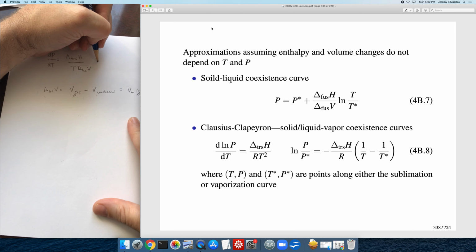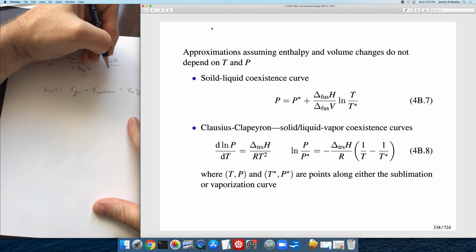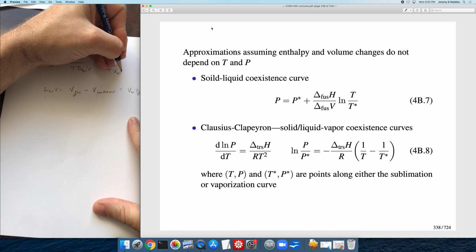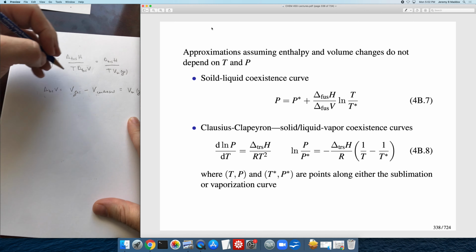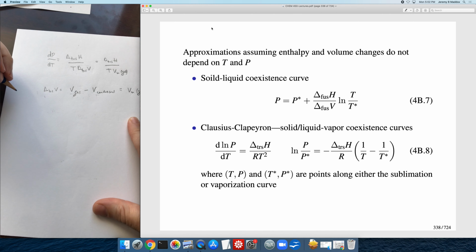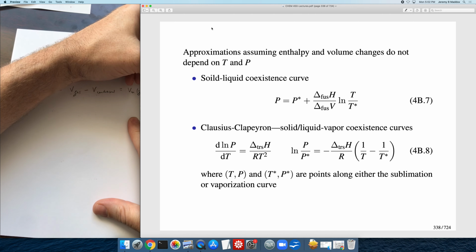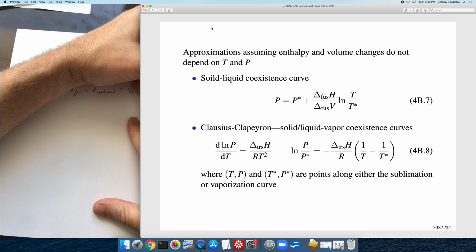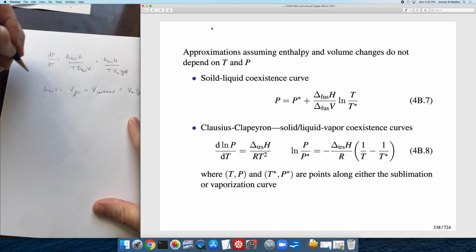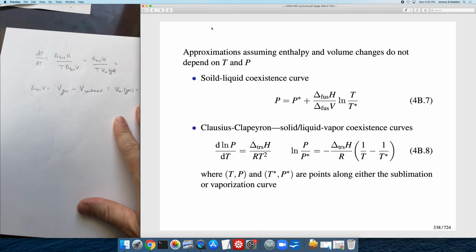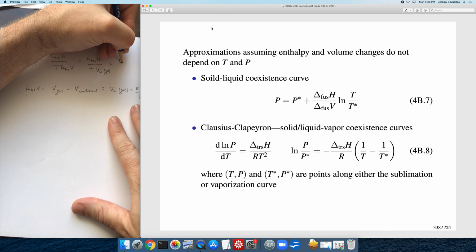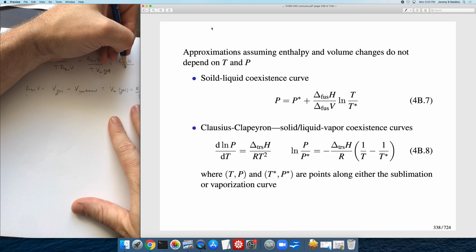And so we can write this equation like so. Now the molar volume of the gas is going to be RT over P, so we can make that substitution. That's going to give us RT squared over P.